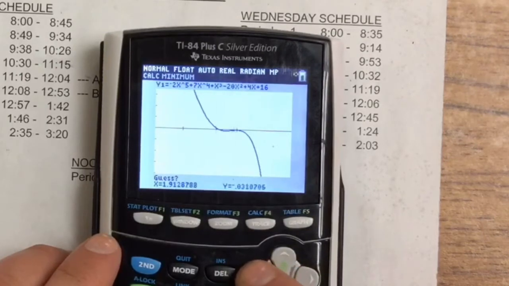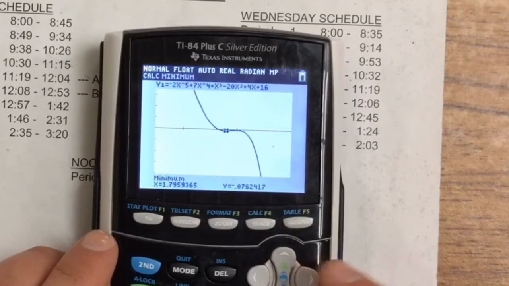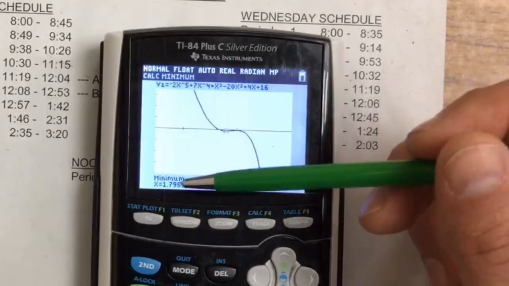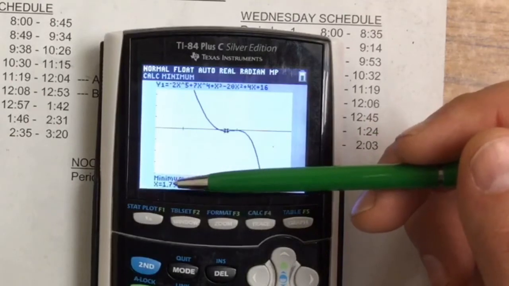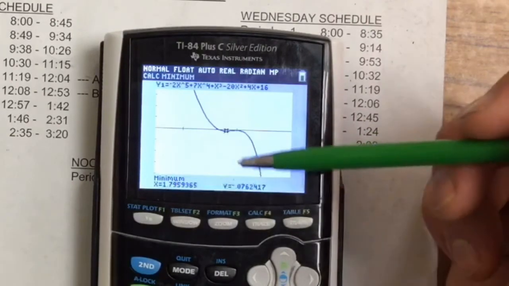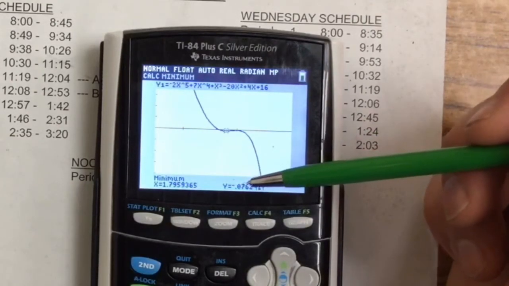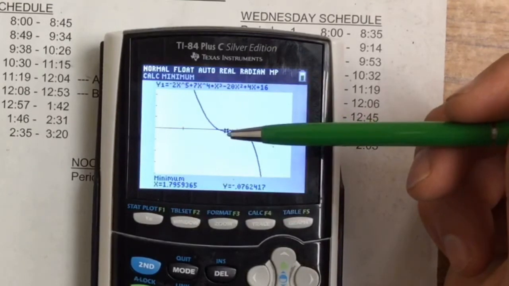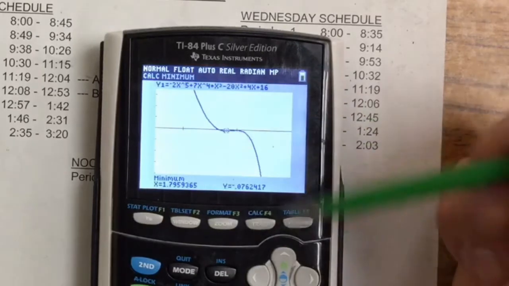Okay, and I think that valley is about right there. And it says there is a minimum indeed at 1.795, 1.8, comma negative 0.07608. So that there is an actual little dip right in the graph.